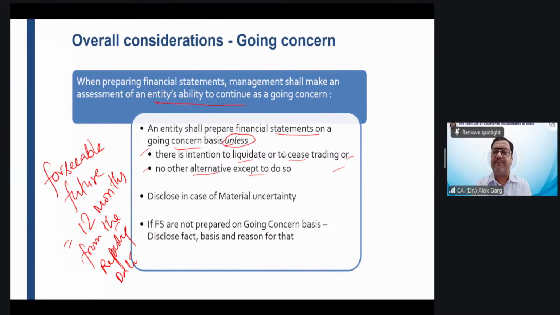For example, the entity has a factory. And this entity is a very profitable entity, huge orders in hand, everything was great. One day, there was a fire in the factory, and this fire destroyed the entire assembly line and production line.